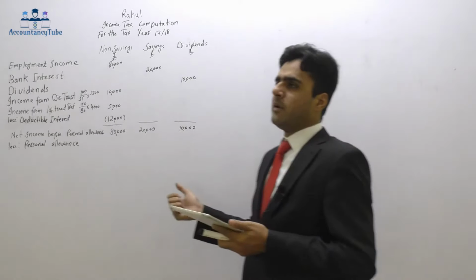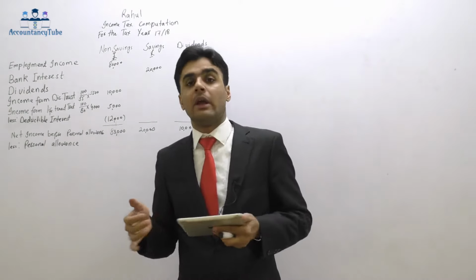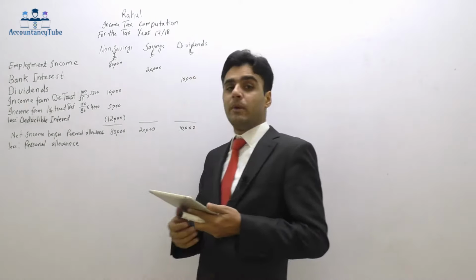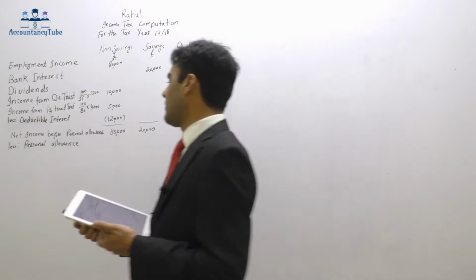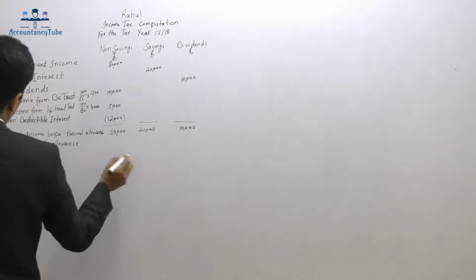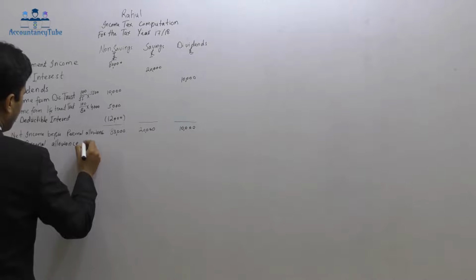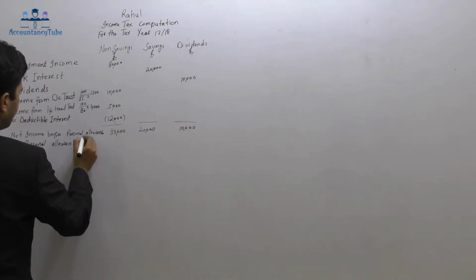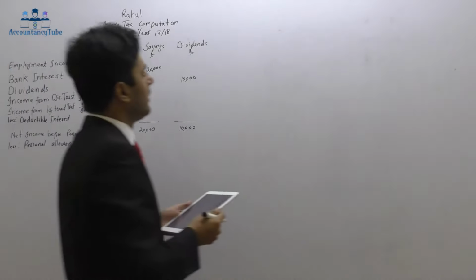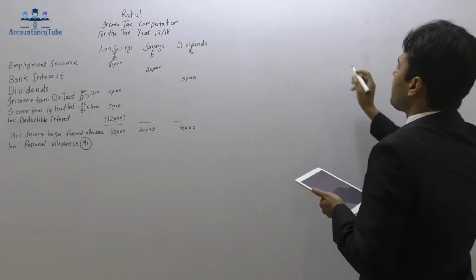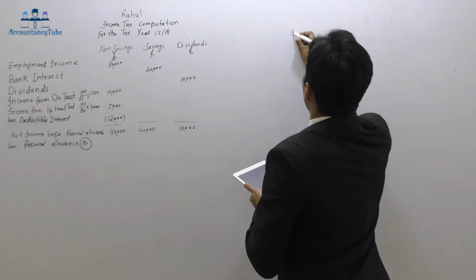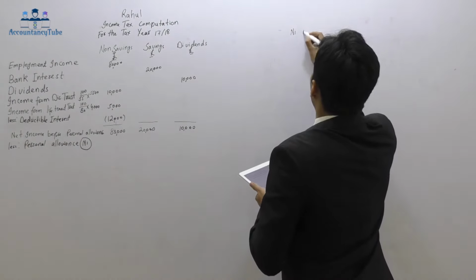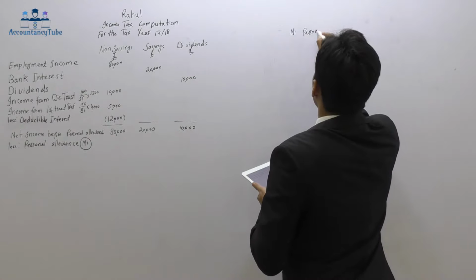If adjusted net income is in excess of £100,000, in that case personal allowance might be reduced. So before I put the personal allowance of 11,500 here, I will put a note 1, that is N1, and I will make notes here of the reduced personal allowance.